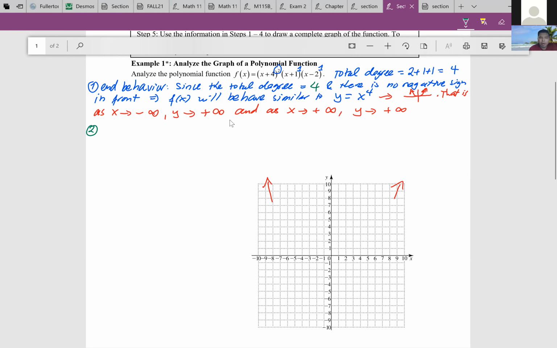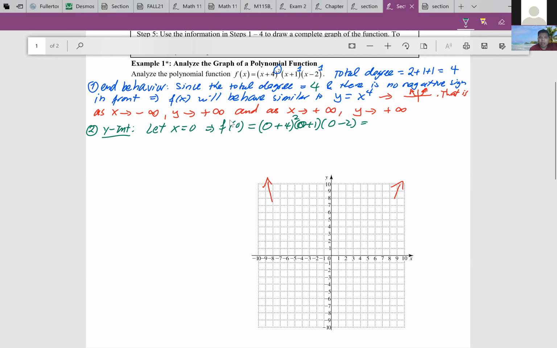All right, for the y-intercept, let x equal 0, so we get f of 0 equals 0 plus 4 to the second, times 0 plus 1, and then 0 minus 2.